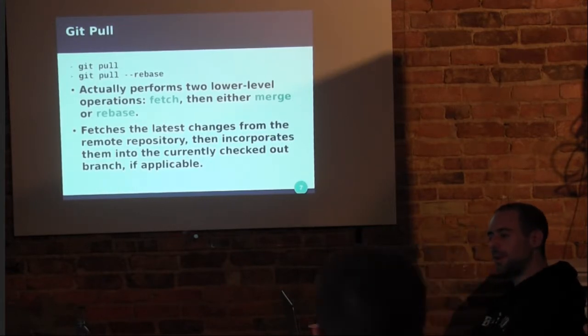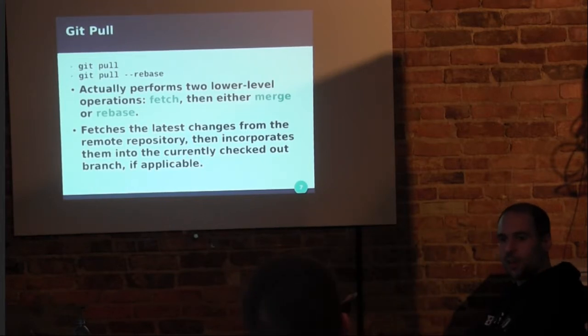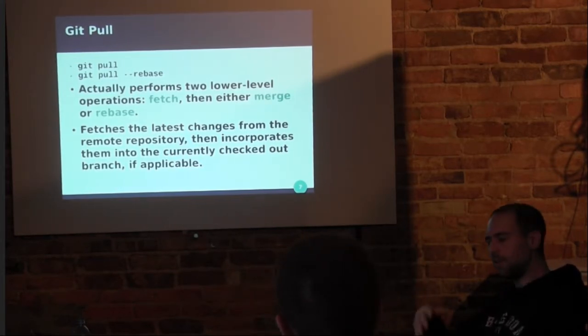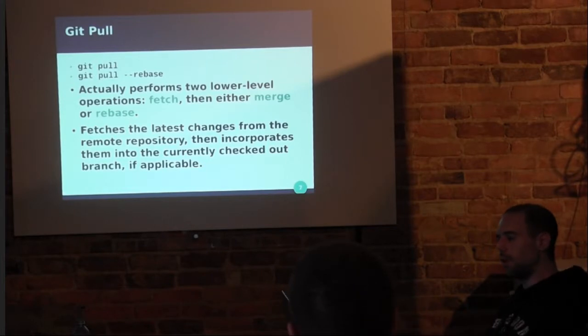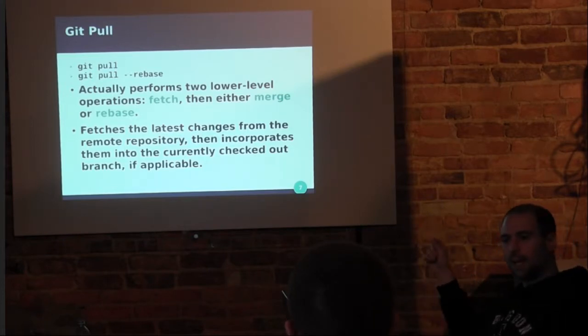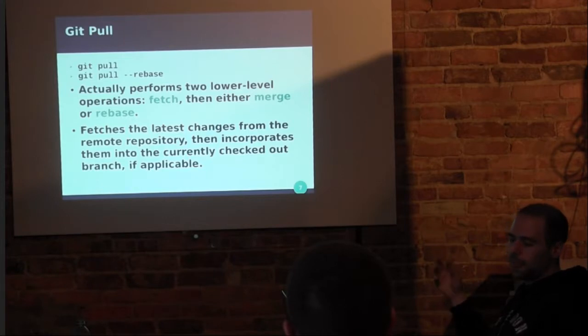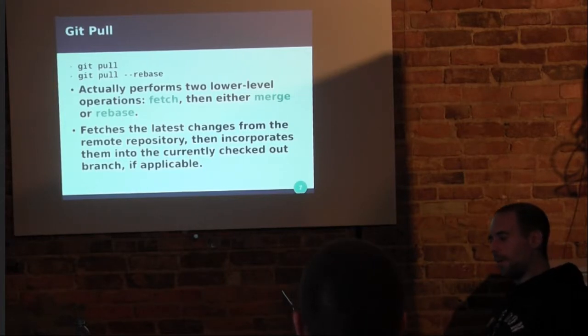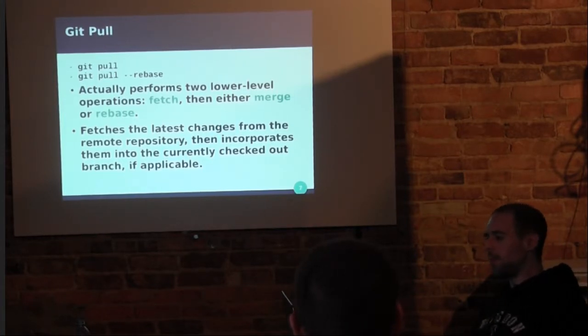It performs a git fetch on your behalf, which grabs all of the latest changes from the remote repository, and then it does either a merge if you run the top command, or a rebase if you run the command below that. They both accomplish the same goal in just different ways.